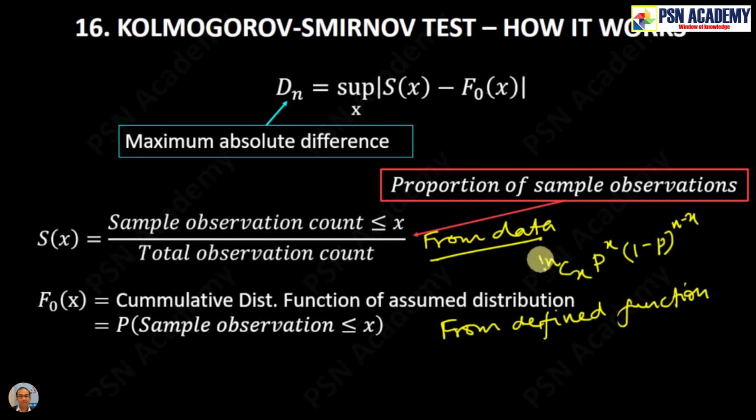So using this formula, you can find out the probabilities of individual x's in case of F0 of x, and from the data, counting the frequencies, you can find out the S of x. Regarding this test, I also have a separate video where I have explained all the steps in detail.